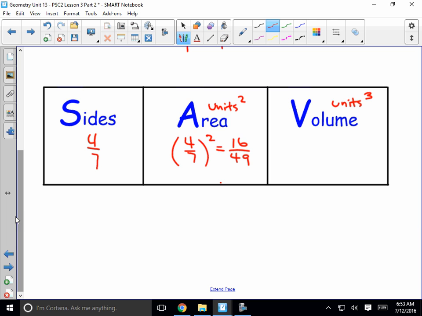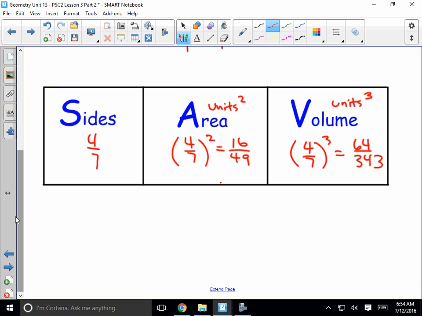All we would do is take the side length ratio and cube that value. So 4 cubed is 64, 7 cubed is 343.